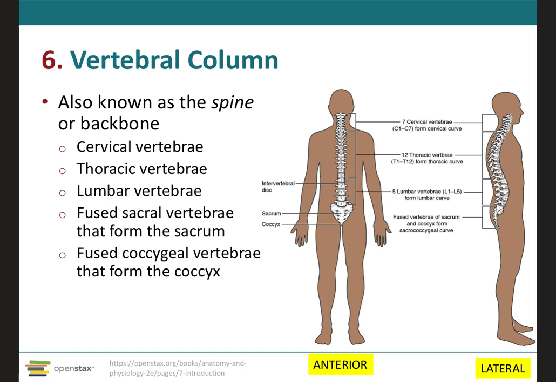There are going to be 7 cervical vertebrae, which are the ones located in the neck region, 12 thoracic vertebrae, which are the ones located posterior to the thoracic cavity, where your heart and your lungs are located, 5 lumbar vertebrae, which are the ones supporting the lower back, 1 sacrum, that will be formed by 5 fused sacral vertebrae, and at the end, 1 coccyx that will consist of 3 to 5 fused coccygeal vertebrae.